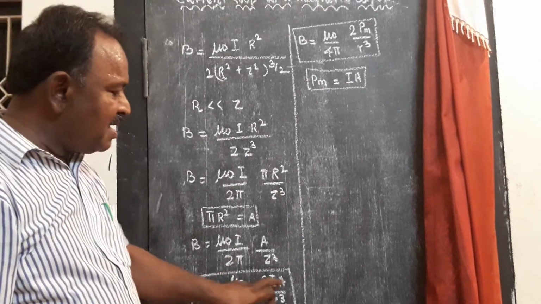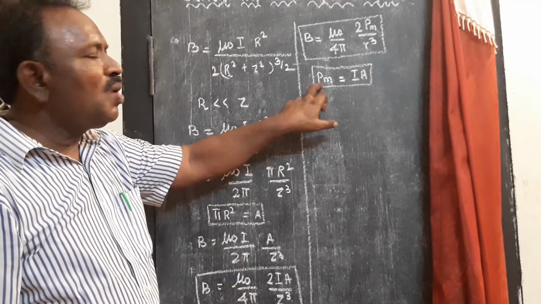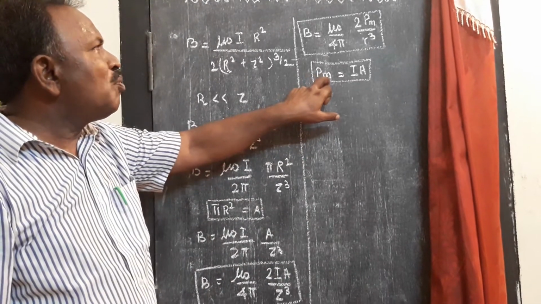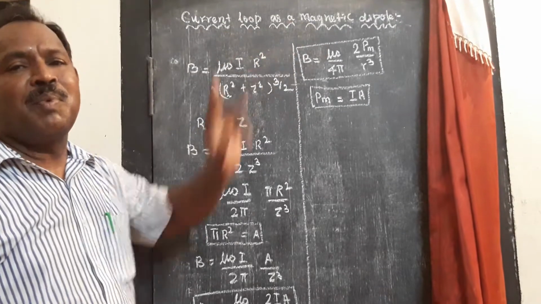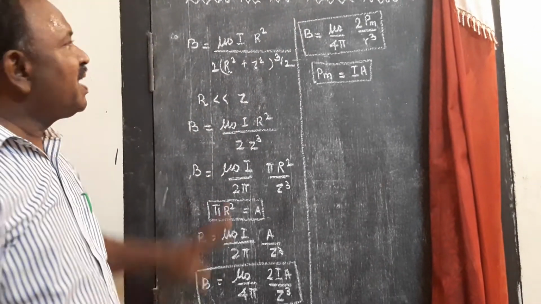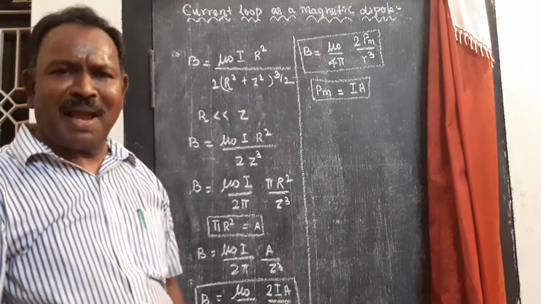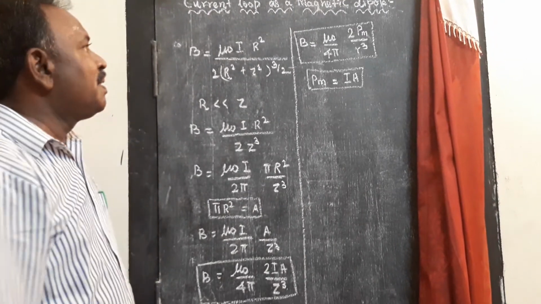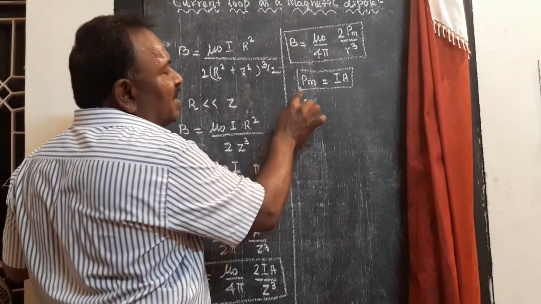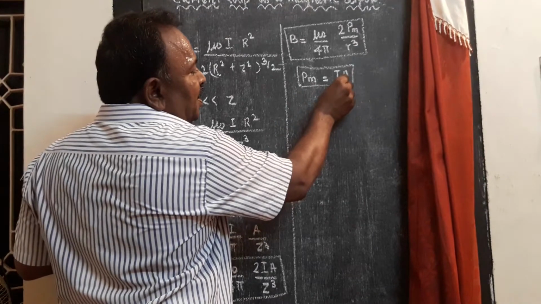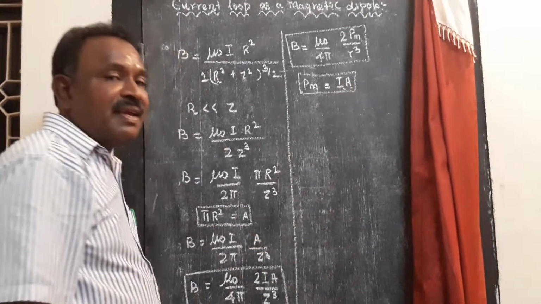So this IA plays the role of the magnetic moment of a magnetic dipole. When a current loop is acting as a magnetic dipole, the magnetic dipole moment of the current loop is given by the product of current and area.